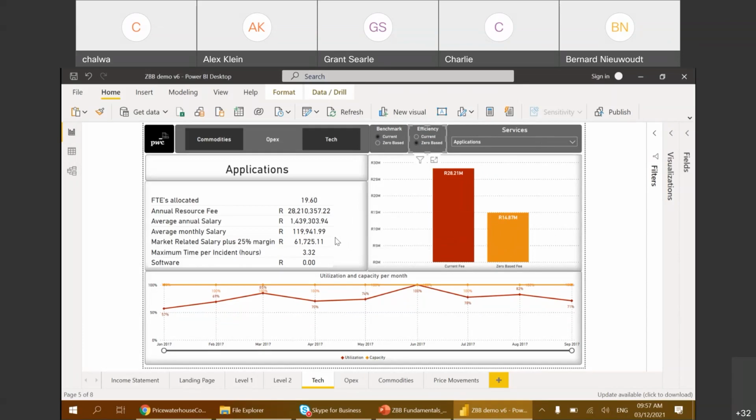We found that we're actually paying 120,000 per month per FTE, where the market-related FTE rate was about 62,000. So if we also went to 62,000 with the optimal mix of how many people, it actually went down to 7 million. So this specific line item was saving this client 20 million Rand a year, purely by looking at the data that drives this cost.